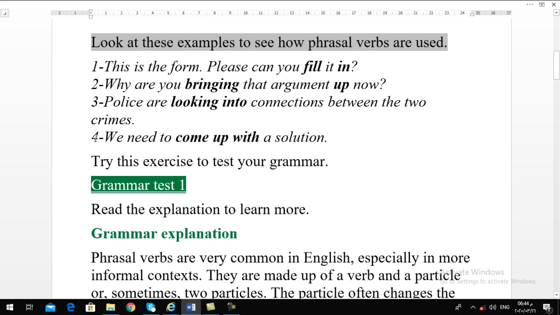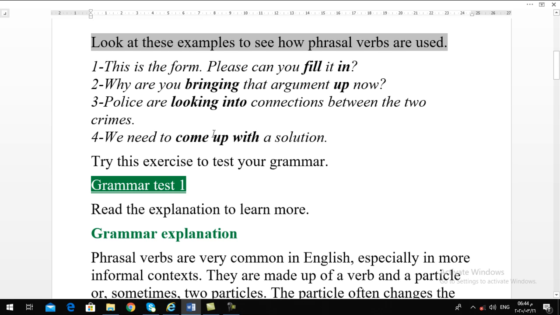Number 4, we need to come up with a solution. Here you notice that the phrasal verb has more than 2 words: come up with. We have 2 particles here, up and with. Come means to move from a place to your place. But come up with here means to suggest a good idea, to suggest ideas as a solution.